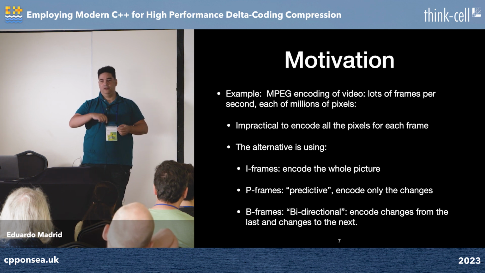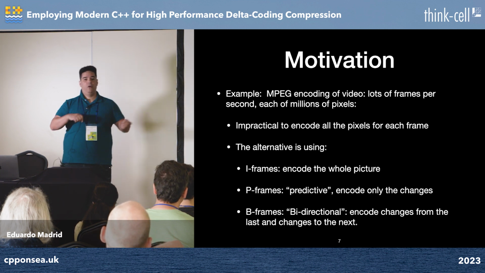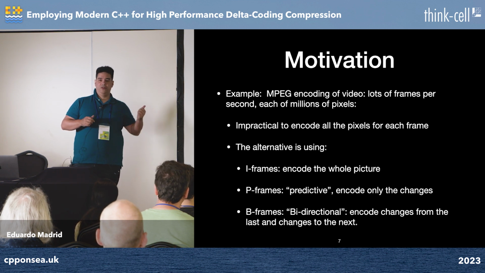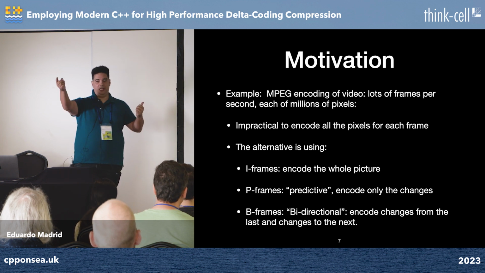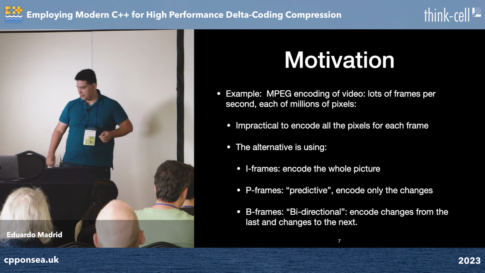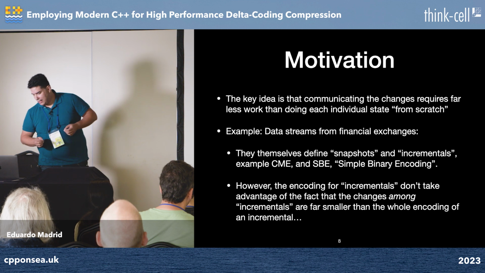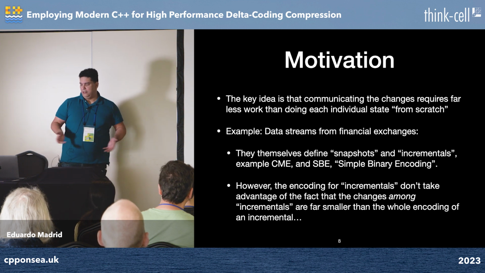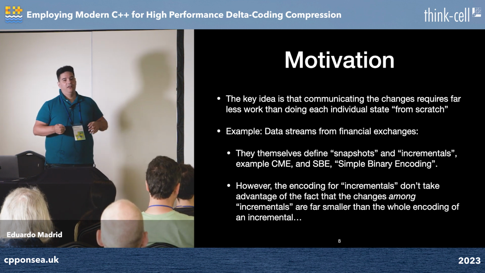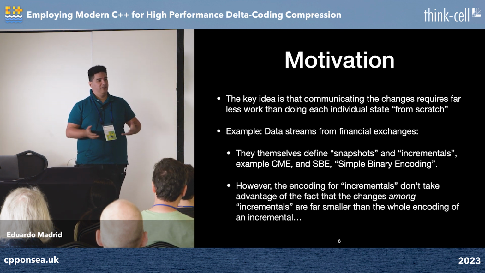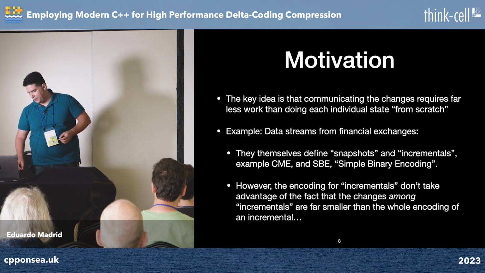This is just a record of the changes that happen. Or B-frames, which record not just the change with regards to the last frame, but also the changes with regards to the next frame. Again, what we're doing is avoiding describing the entirety of the state from scratch at each step.